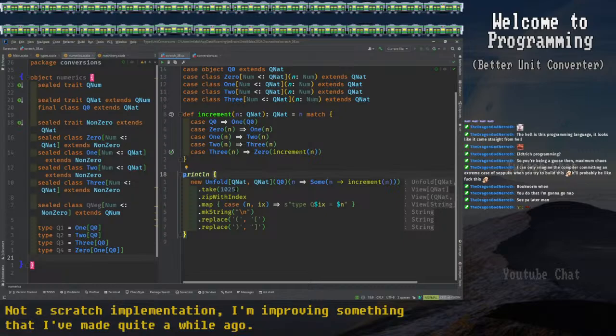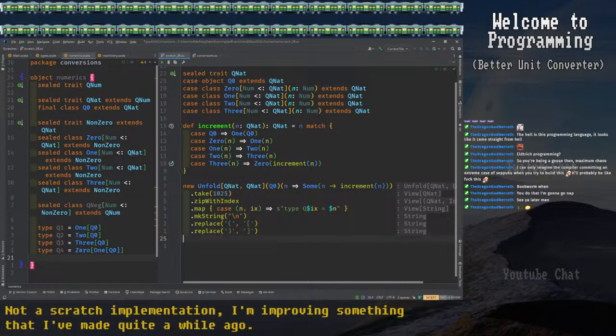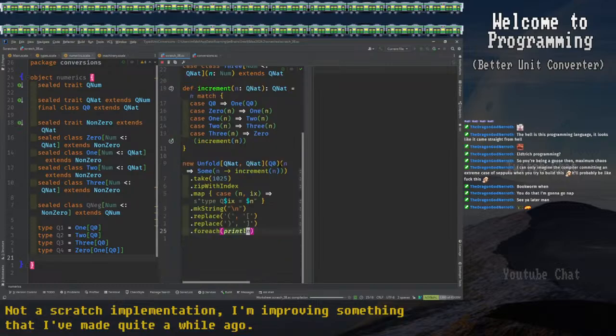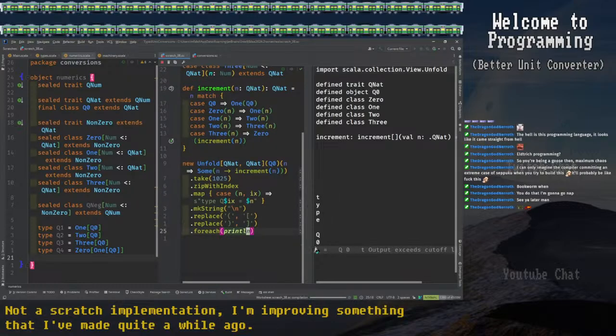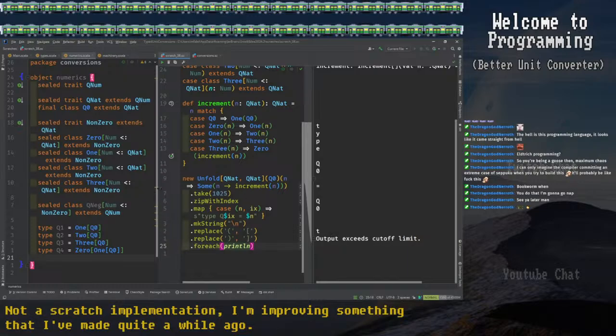I guess instead of printing the entire thing, I could just... does that work? That doesn't look right.